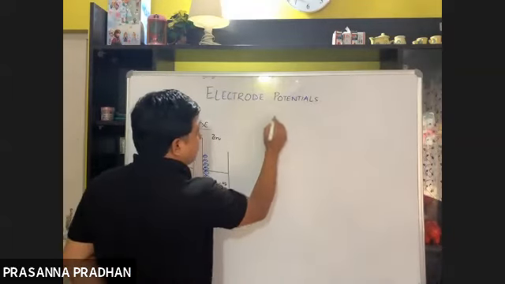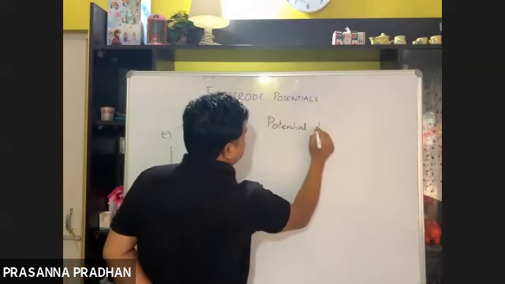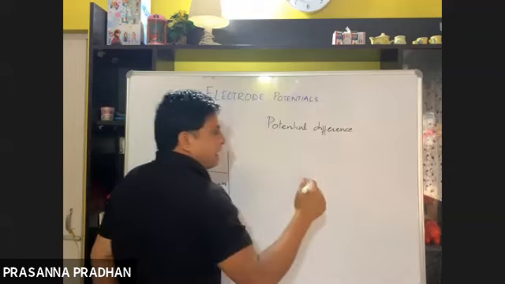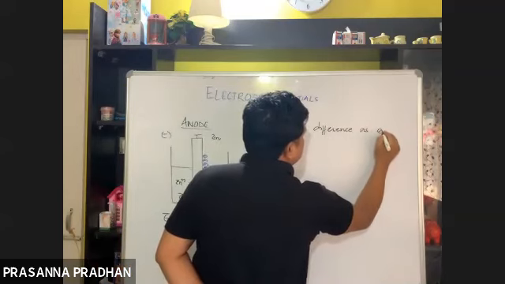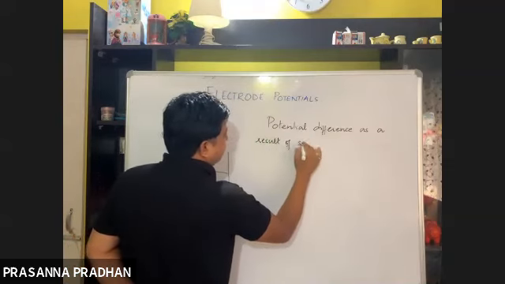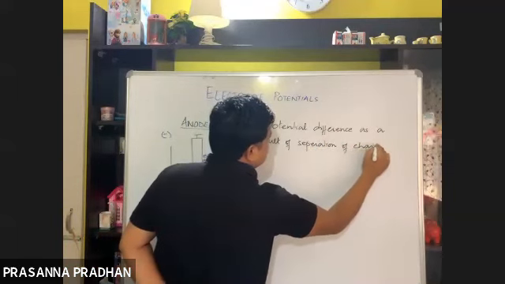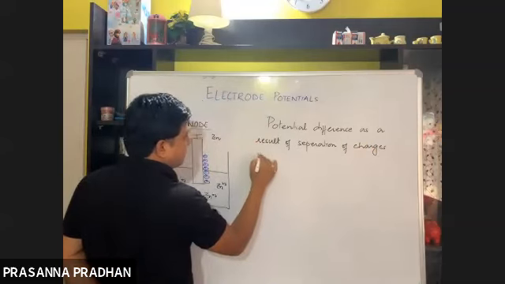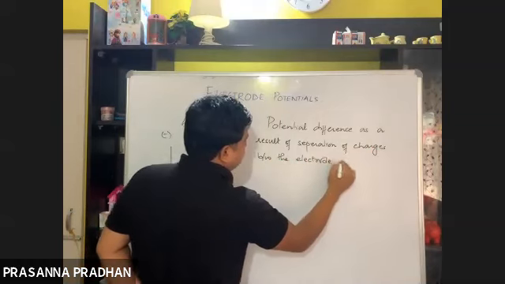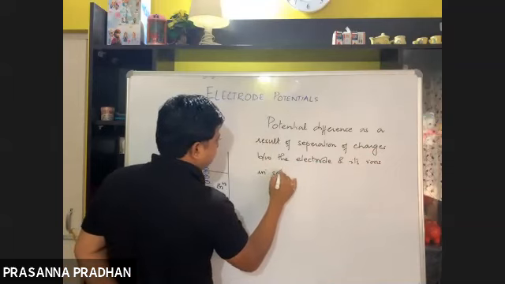So electrode potential can be defined as the potential difference as a result of separation of charges between the electrode and its ions in solution.